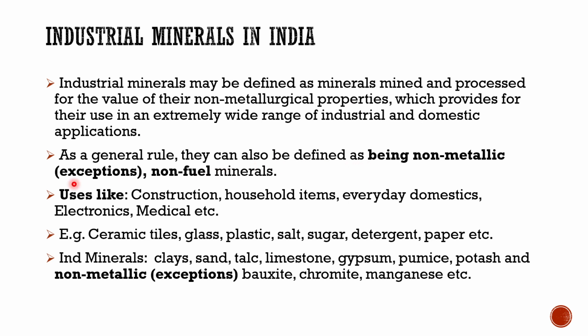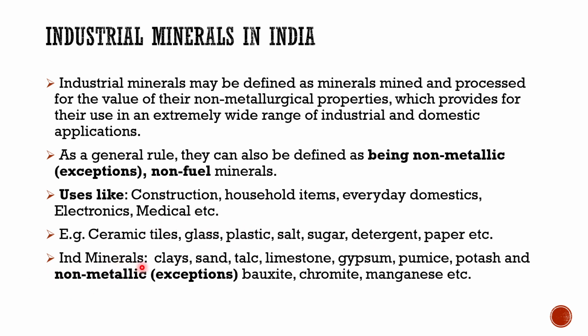But sometimes we have some exceptions for non-metallic minerals. Now, uses are like in construction, household items, everyday domestic, electronics, medicals, etc. For example, from home to industry, we see that ceramic tiles, glass, plastic, salt, sugar, detergent, paper, etc. are all made of these industrial minerals, or industrial minerals are used in the production of these different household items and construction items.